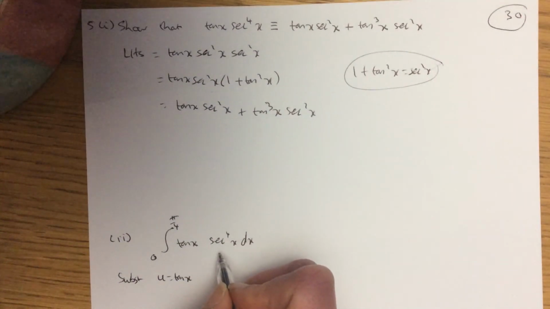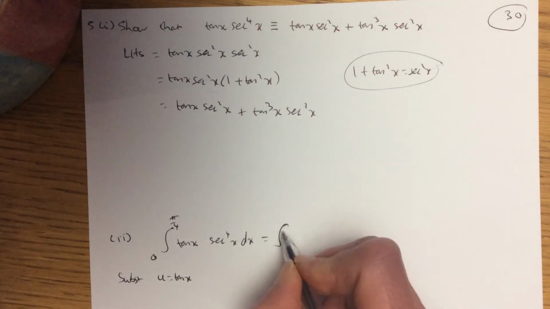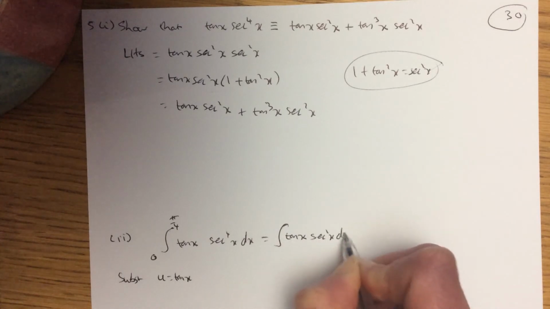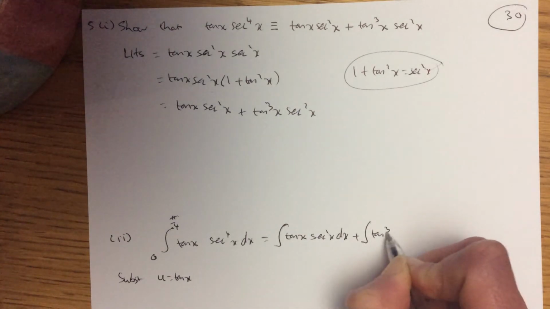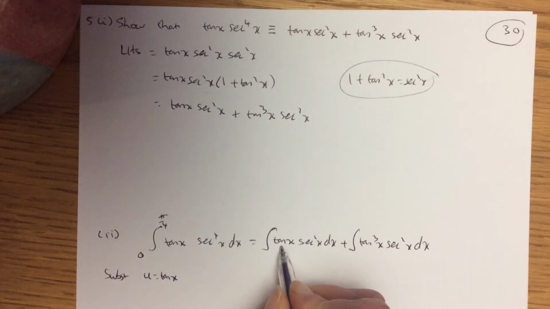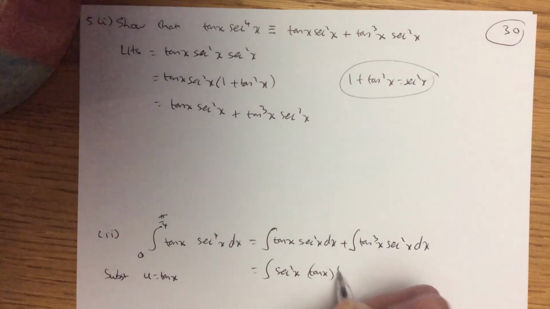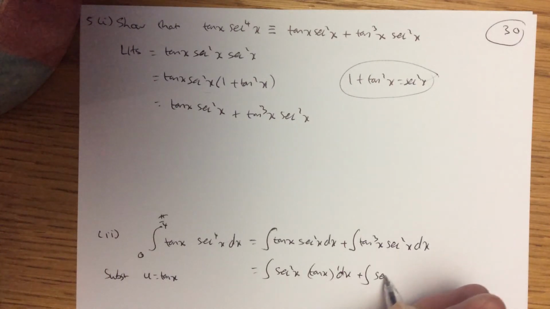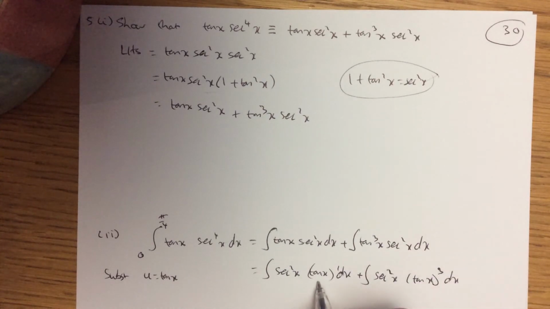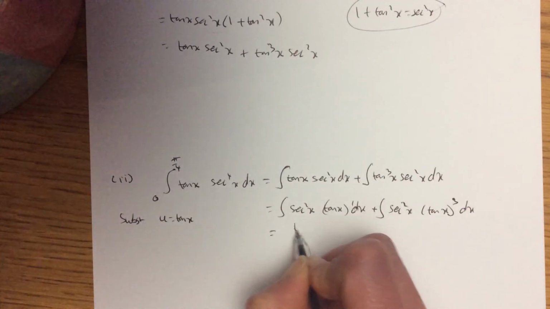Part 2, I've got to integrate this. So just take your previous answer and pop it in. I'm just going to split it up. So tan x sec squared x dx plus the integral of tan cubed x sec squared x. Now as I'm writing that out, I'm thinking the derivative of tan is sec squared. So treating it as a bracket, the derivative of the bracket, if the bracket is tan, is sec squared, so you add 1 to the power.